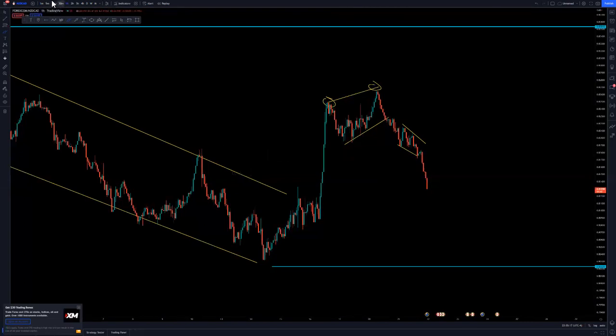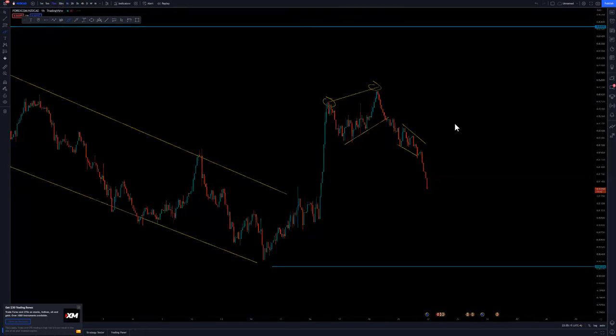From here, we have to go to the smaller time frame, which is the M15. Most of my trades are taken on the M15.